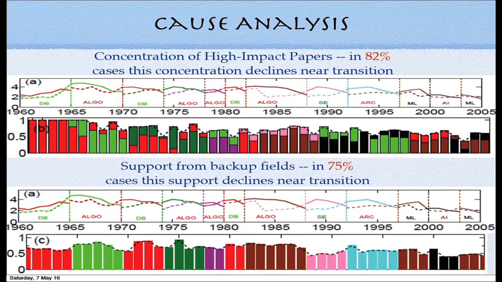Similarly, there is this concept of backup fields. If your in-degree is high, then that in-degree is derived from somebody else's out-degree. Somebody else is citing you, that is why you are highly cited. Those who are citing you to make you highly cited are called the backup fields.